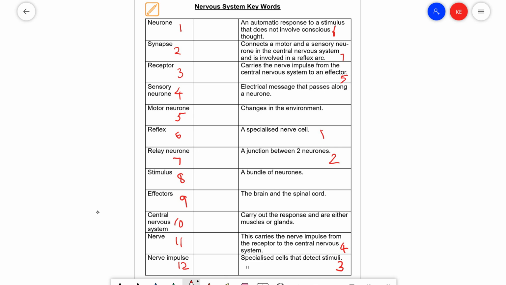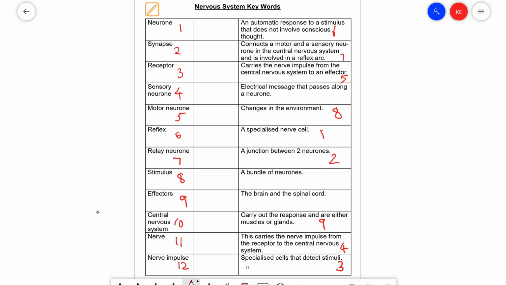Number 8, stimulus is a change in the environment. So a stimulus could be light, it could be sound, which your body then is able to react to. Number 9, effectors should be joined up with this one, that they carry out the response and are either muscles or glands.